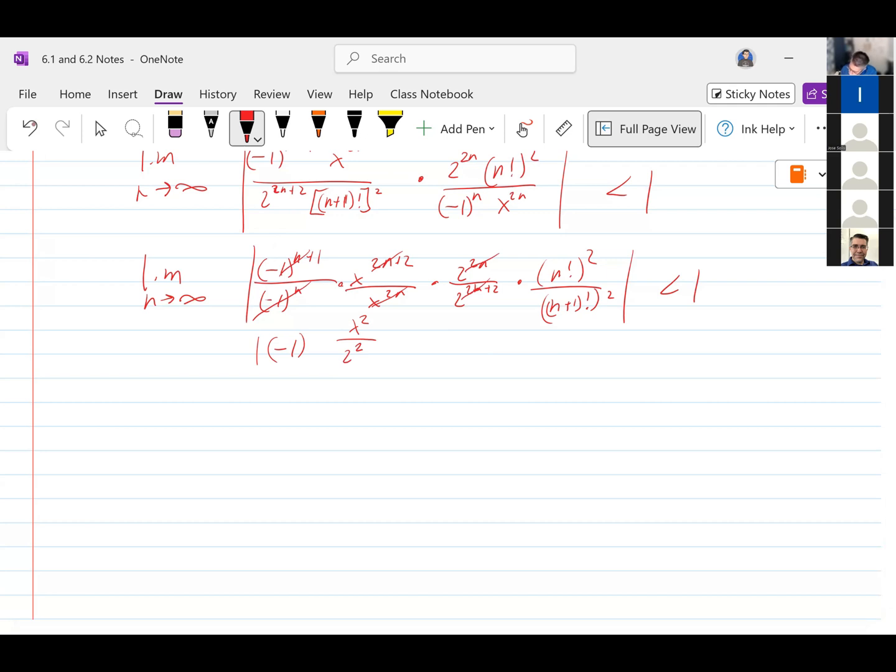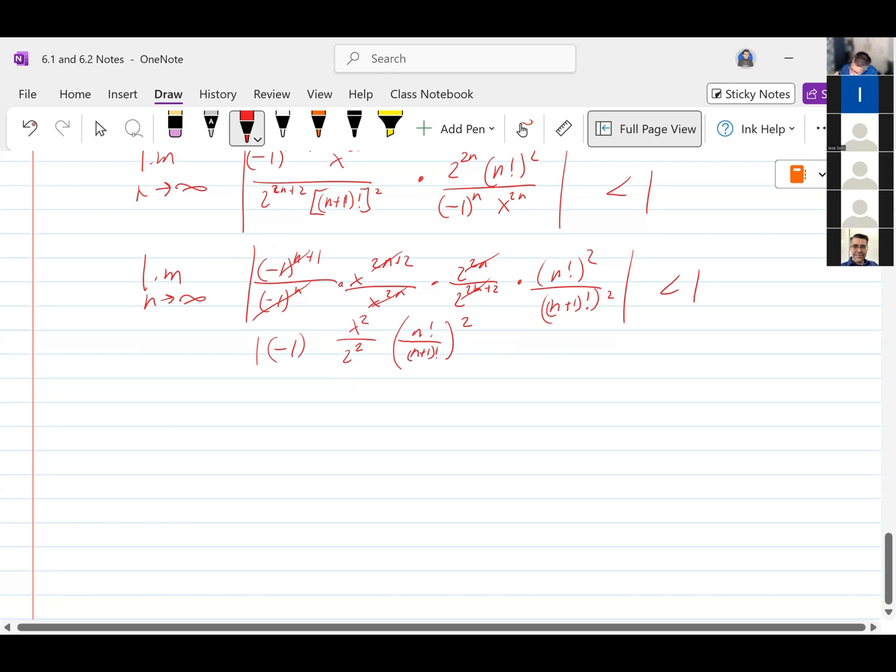Since the factorials are both being squared, I can write n factorial over (n+1) factorial, squared, as n goes to infinity. So we have -1/4 x squared, and then n factorial over (n+1) factorial squared.